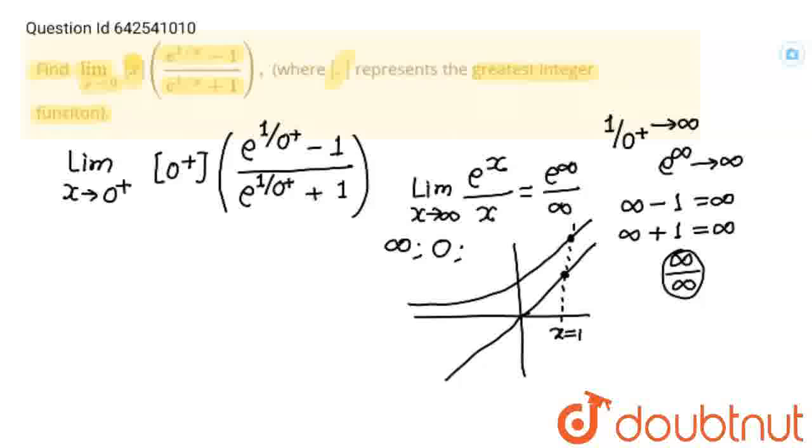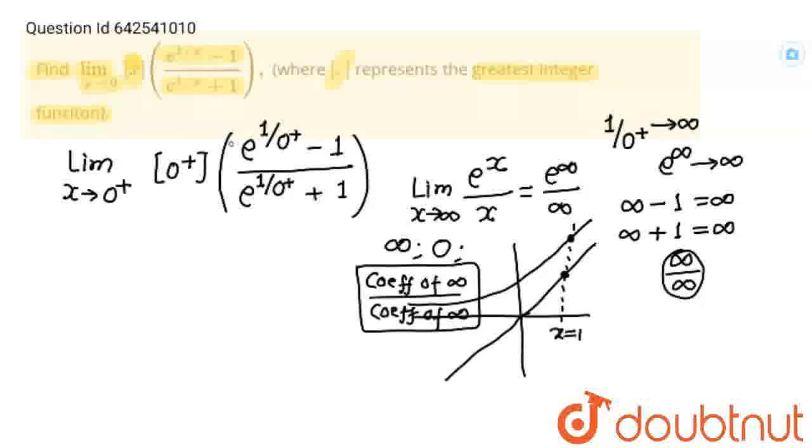And when both infinity are same, then answer is coefficient of above infinity upon coefficient of denominator infinity. Now I'm going to explain here. See, above infinity is this one, e to the power 1 upon 0 plus, e to the power infinity, and this is the same in the denominator. Both infinity is same, so the answer is coefficient of numerator infinity upon coefficient of denominator infinity.